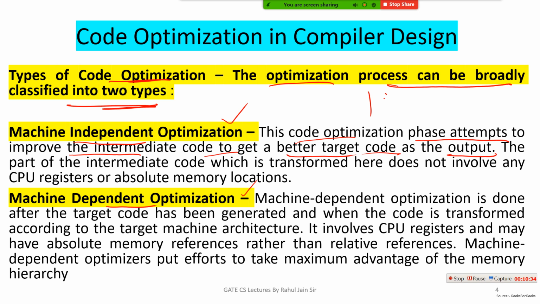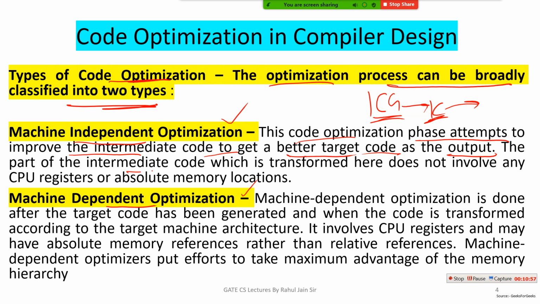Whatever intermediate code we get from the intermediate code generation phase, we make it a better target code, means better machine relocatable code, as an output, right?